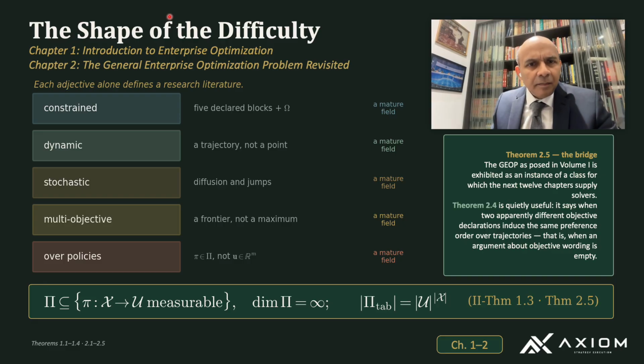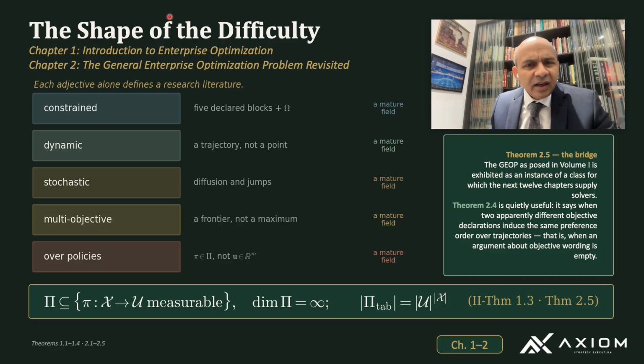Theorem 1.4 maps objectives. The enterprise objective is a well-defined function of decisions, inherits the model's regularity for optimization, preserves the optimal set under monotone rescaling or bijective reparameterization, but can change materially when weights, normalization, or aggregation rules change.